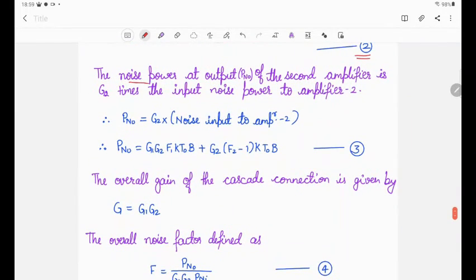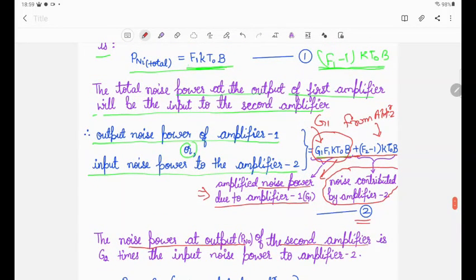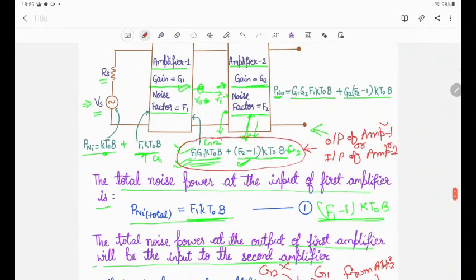Now the noise power at the output of the second stage will be this term multiplied by G2. This whole term will be multiplied by G2, because this is the input to the second amplifier, and the output is at the output of amplifier 2.